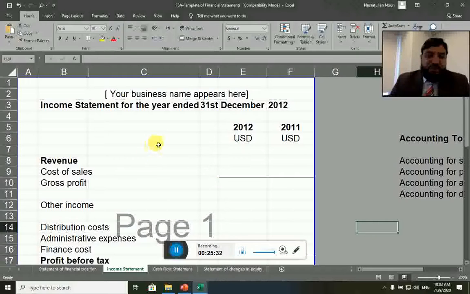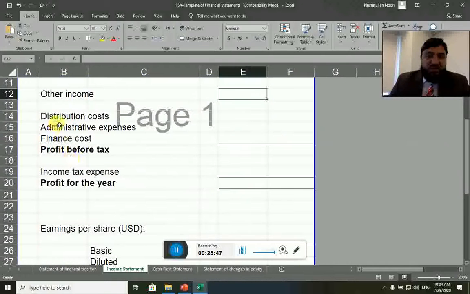Comparative statement is this. First revenue, then cost of sales, which is cost of goods sold, and how to calculate that I discussed earlier. Then we have gross profit, then other income, then distribution cost, administrative expenses, and then finance cost, right? These are all the expenses. And then we have profit before tax, then income tax expense, and then profit of the year.